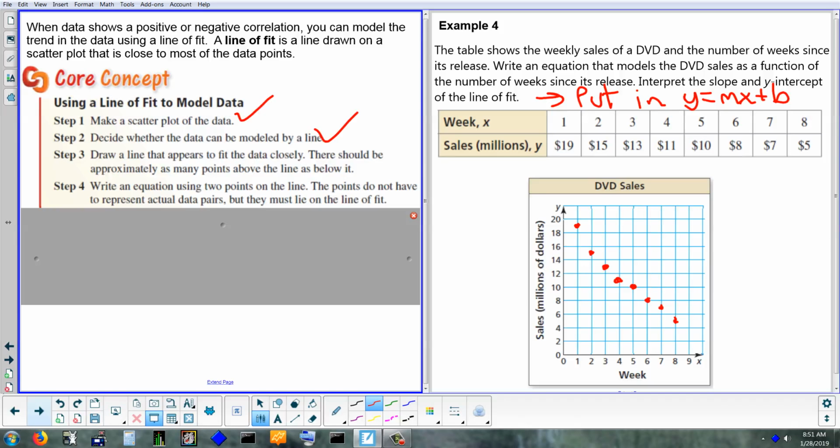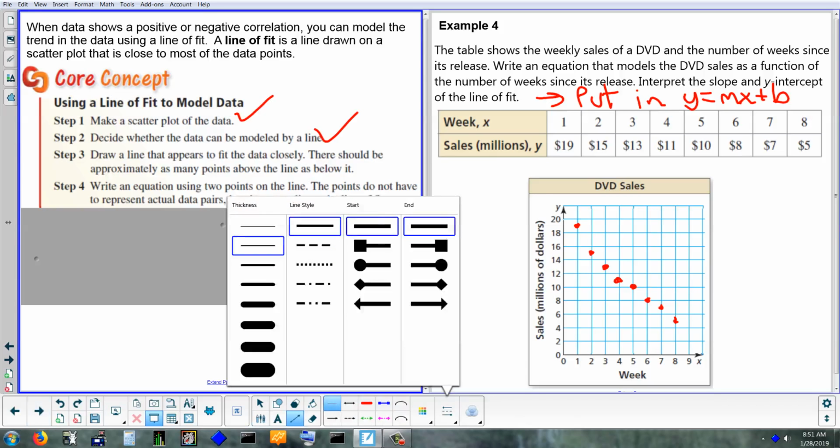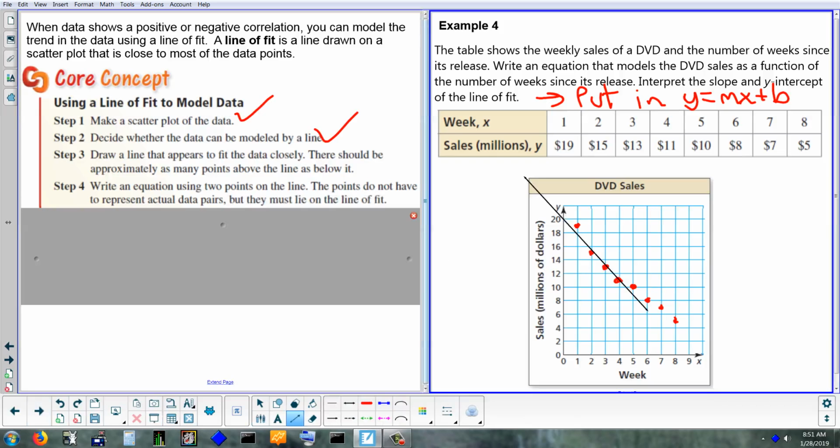They might be different when I draw mine. All right? So I kind of got a line set up there. I'm just going to play with it a little bit and get it to where I want it.